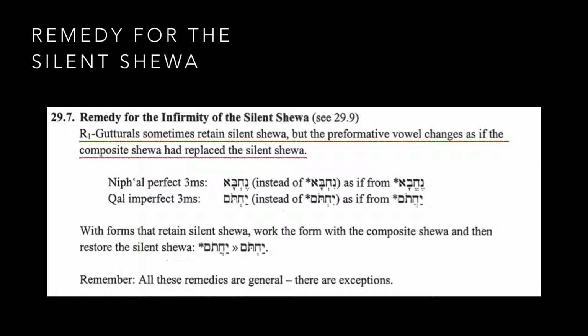The one that he gives you at the beginning, nechba, we have retained the silent schwa in the het, but if you'll notice, the Niphal preformative hireq has changed to a segol, as if we had flipped the silent schwa to a hatef segol, necheba. But in this instance, it did not flip it. It retained the silent schwa, but we still changed the preformative.